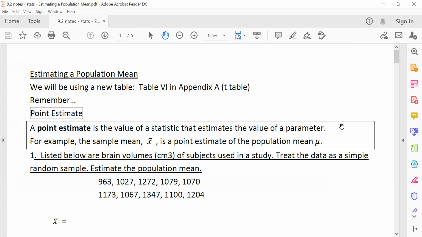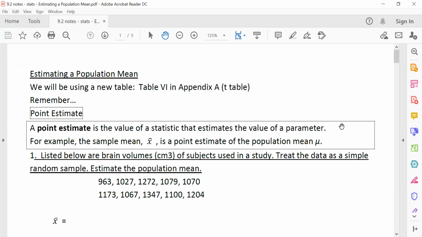Now we're going to talk about calculating a confidence interval for a population mean, which is mu. So we're looking at a completely different parameter here. A proportion is nice, but a mean is more likely what you would be doing statistical inference on if we're being completely honest with ourselves. And we should always be honest with ourselves.